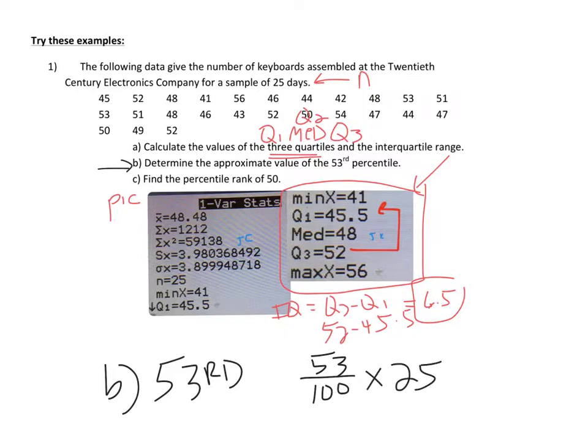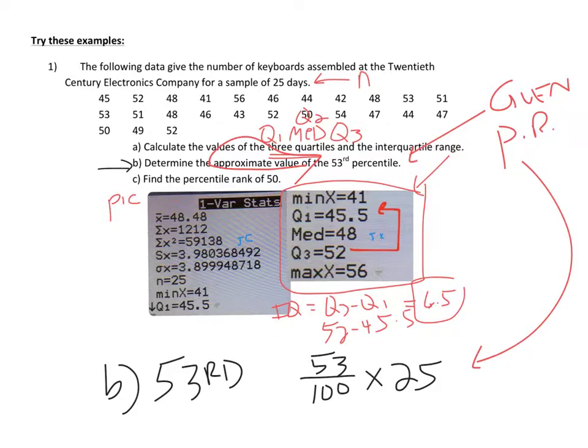So when you're asked to find a particular value when you're given the percentile rank, that's how you remember this. When you're given the percentile rank, you do the percentile rank over 100 times n, the number of data values. So I want you to calculate this on your calculator and then take a picture of that value.